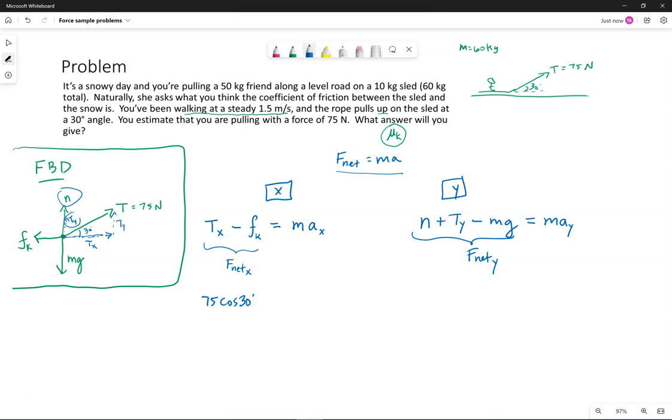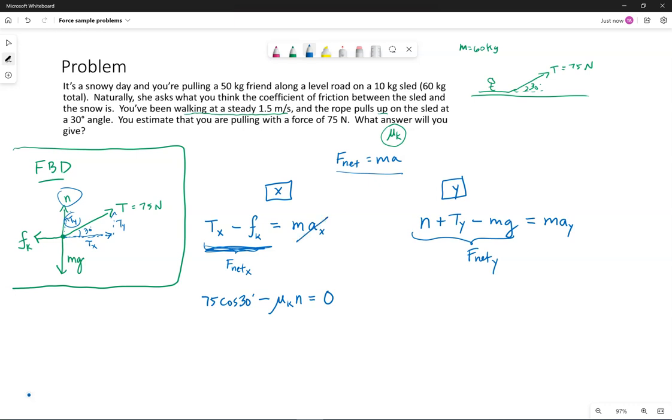The friction force we know is going to be the coefficient of friction times the normal force. So I'm just substituting in what I know to these pieces of the net force. That's going to equal the mass times the acceleration in the x direction.